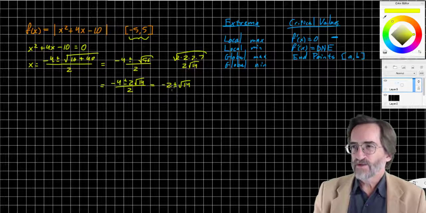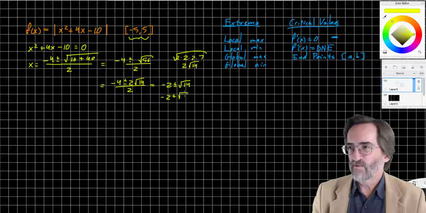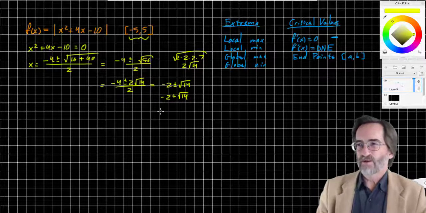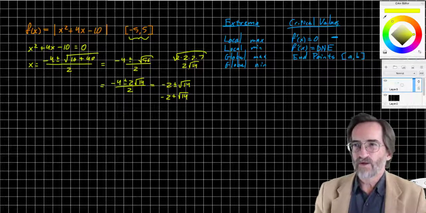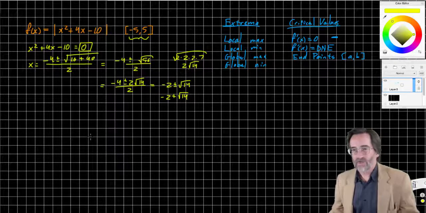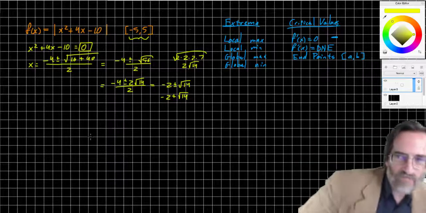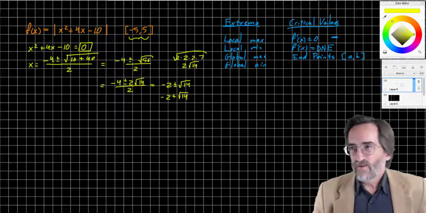The output value at that point is 0, because that's the way we defined it. So now that's one critical value where the derivative does not exist.